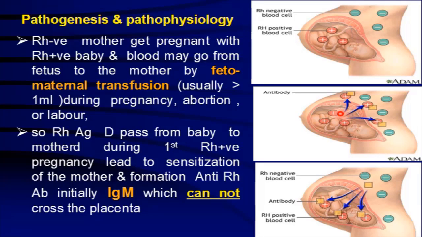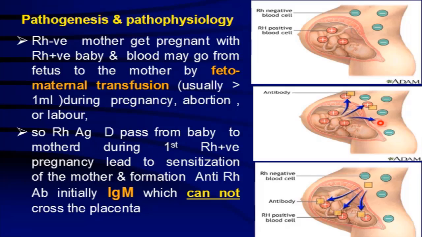So the Rh antigen will pass from the baby to the mother during the first pregnancy, leading to sensitization and formation of anti-Rh antibody, which is IgM. This is the antibody formed by the mother.